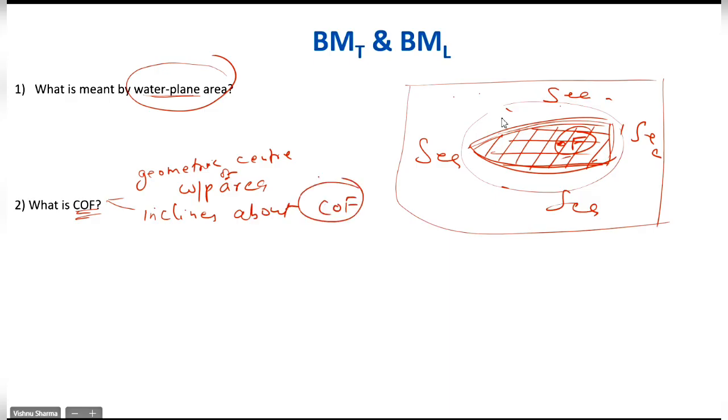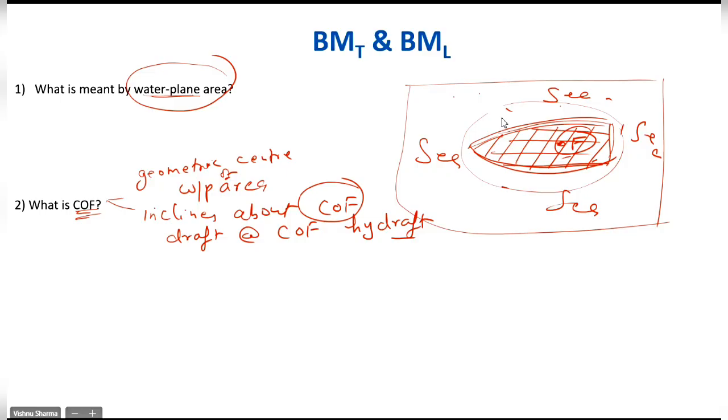An axis is passing through the center of flotation. So that is the importance of this point. And we know that the draft at center of flotation is called the hydrostatic draft. We all have been using it day in and day out. So what is center of flotation? It's the centroid or the geometric center of the ship's water plane area.